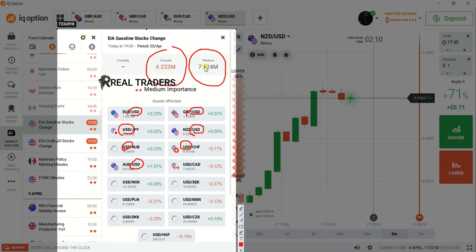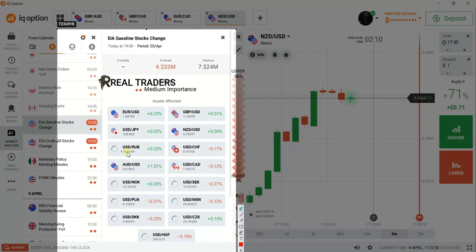Here you can see it is red, showing us the price will decrease in USD pair. So the price of USD will decrease, right? Let me show you here.